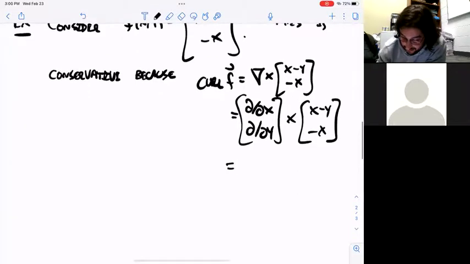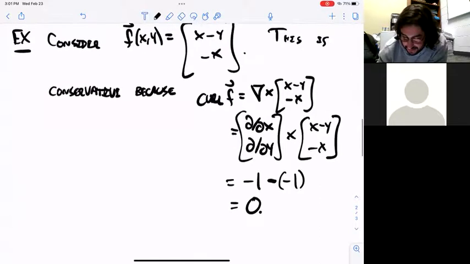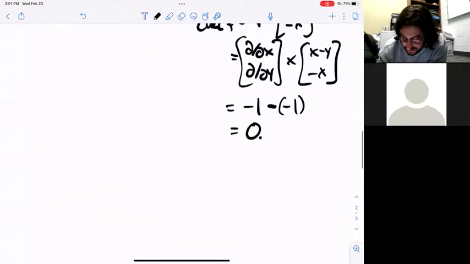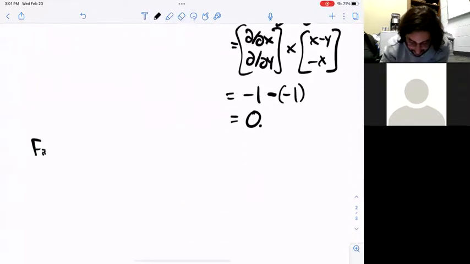Then I have d/dx applied to negative x is -1, minus d/dy applied to x minus y is -1, so I get a double negative. So I get -1 plus 1 is 0. Great. So it is conservative. From this I could then go and find a potential. So let's find a potential.